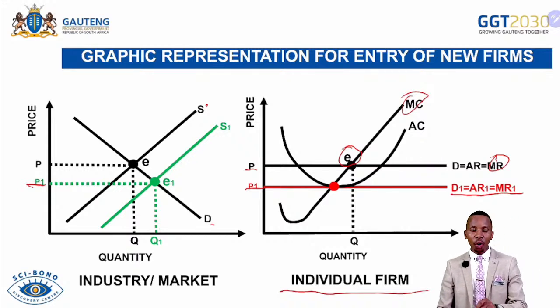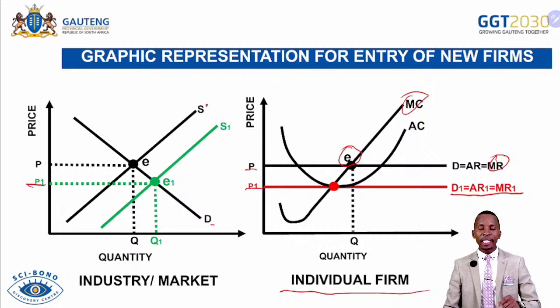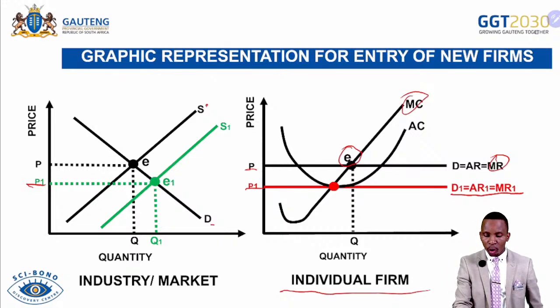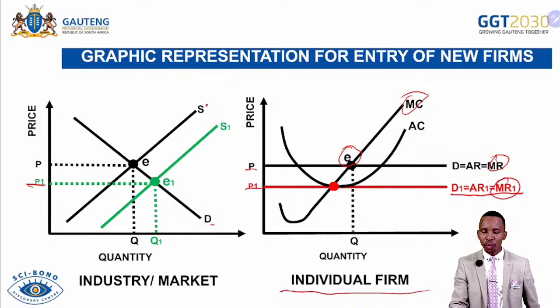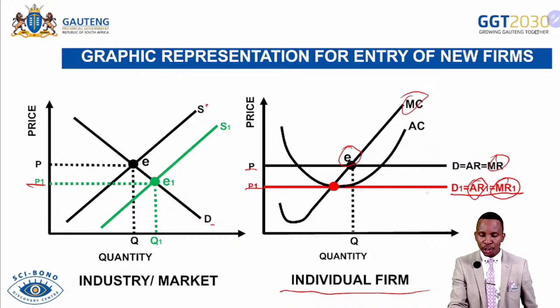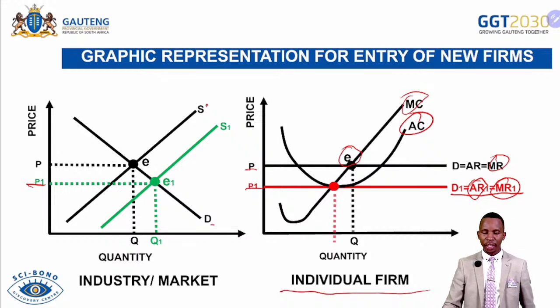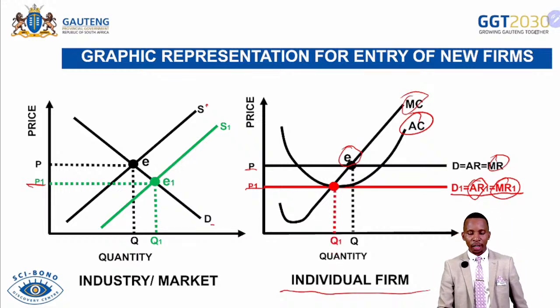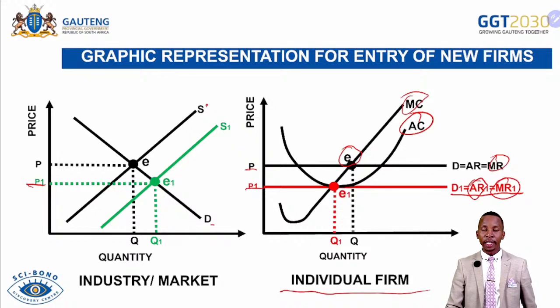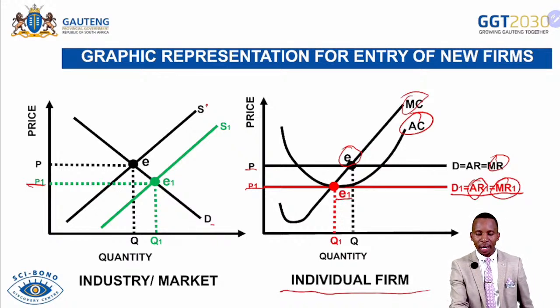If it touches, that means this firm is now making normal profit, because AR equals AC. So this is the normal profit. The new equilibrium should be E1. Then you connect our quantity, and that is the new equilibrium for the firm.